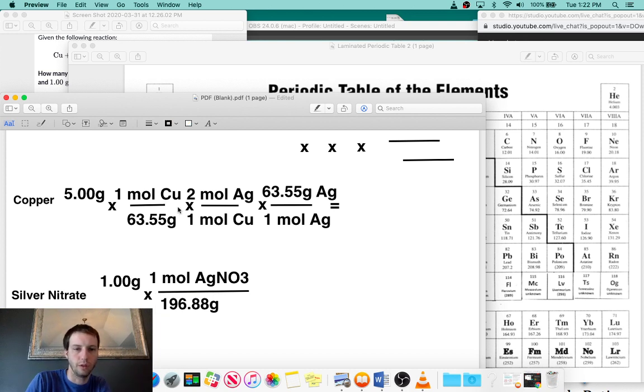Okay, we know that that's of silver nitrate. Oh, that was a mistake. There we go.